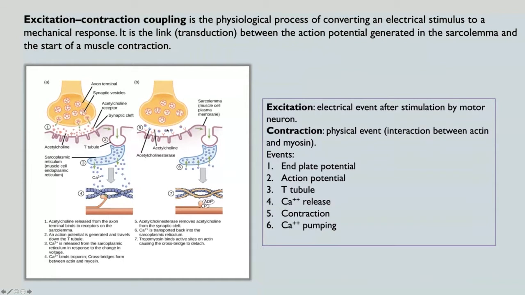We are going to be seeing in the future in physiology, and also when you study the pathophysiology of some diseases, what happens with this acetylcholinesterase, and what happens in different disorders that may affect the neuromuscular junction. For example, in some diseases there are antibodies that destroy these receptors here.